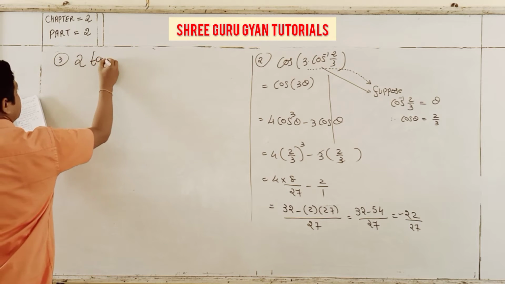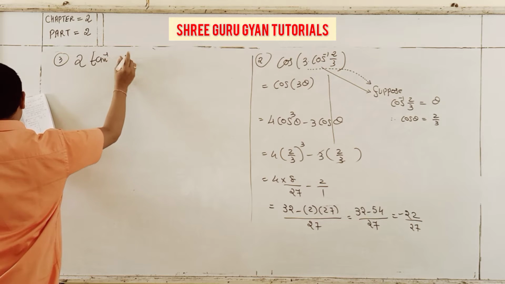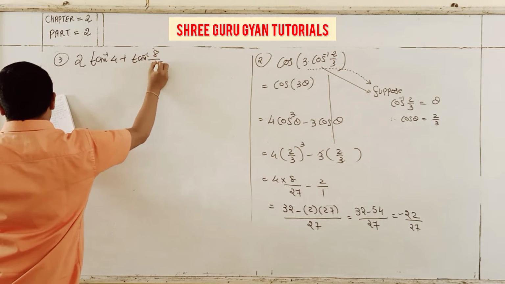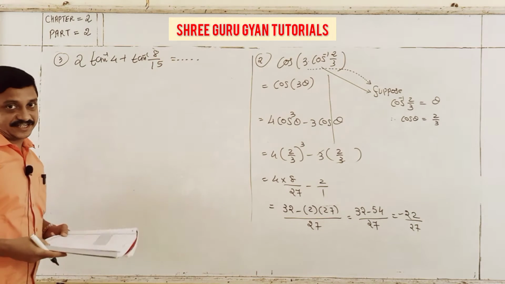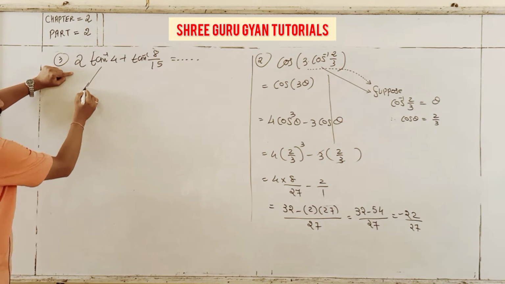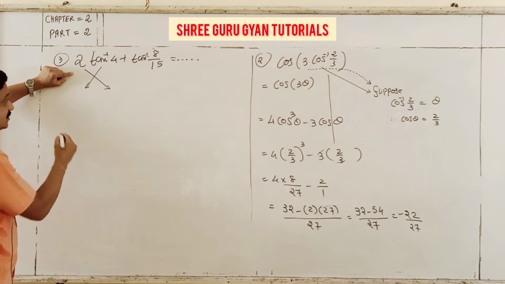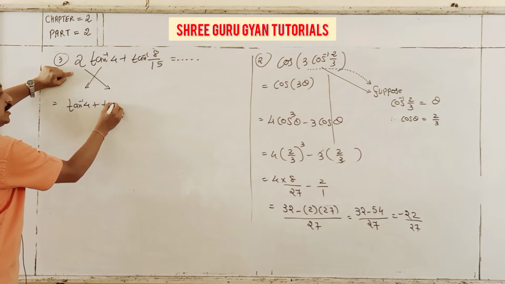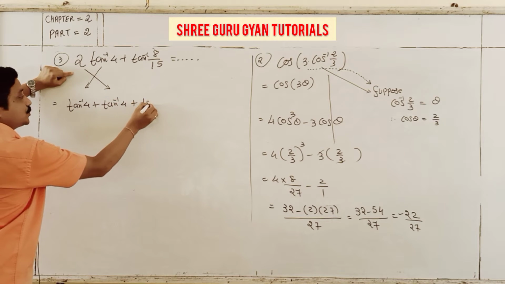Now third: 2 times tan inverse x, tan inverse 4 plus tan inverse 8 by 15 is dash dash dash. So first, these are mentioned in the 2 times. So one time tan inverse 4, another also tan inverse 4, and that should be the same as.